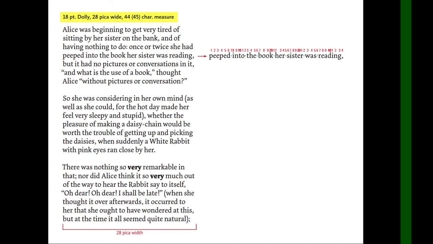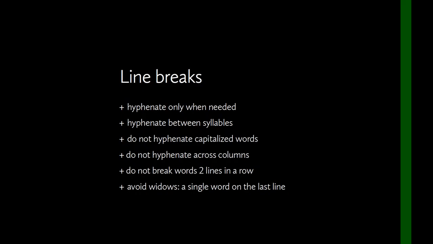So I counted this as 44, 43 if you don't count that last comma. Honestly, in a real world working situation, I would just round this up or down to the nearest 5. I would actually say this is a 45 character measure.